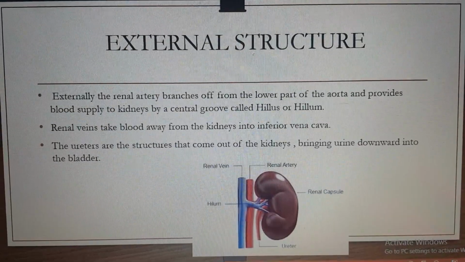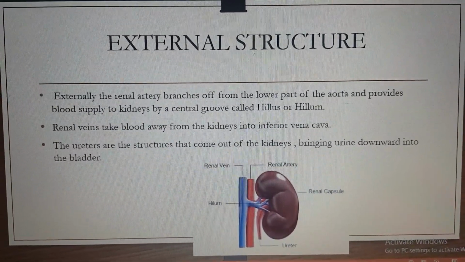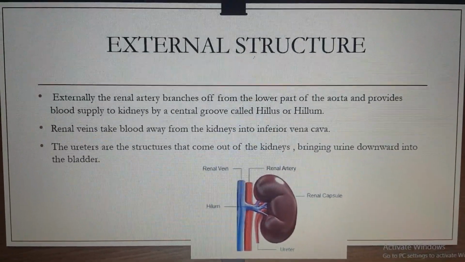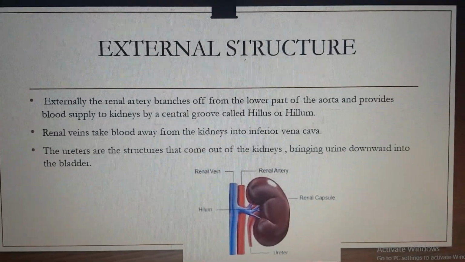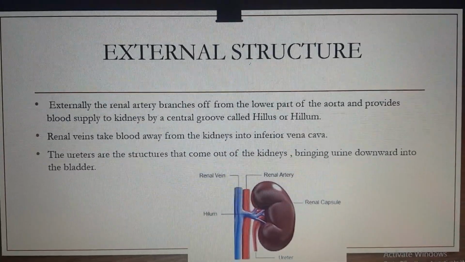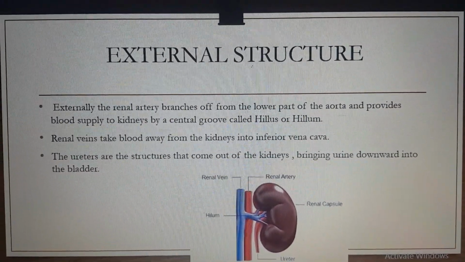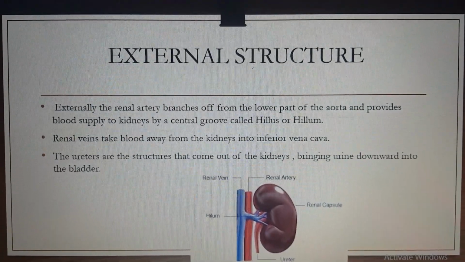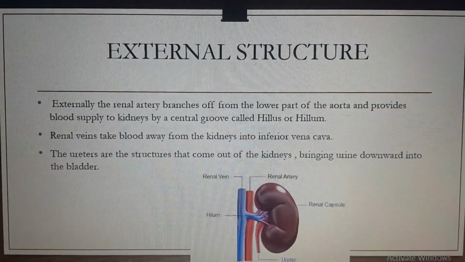The renal veins that carry blood away from the kidneys drain into the inferior vena cava, which then empties the blood into the right auricle of the heart for oxygenation purposes. And the ureters are present at the backside of the urinary bladder, and they bring the urine into the bladder.